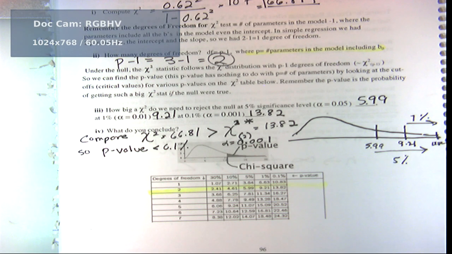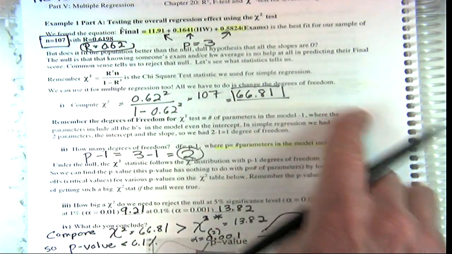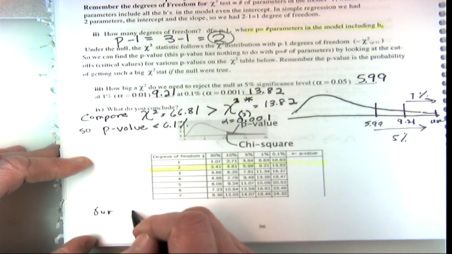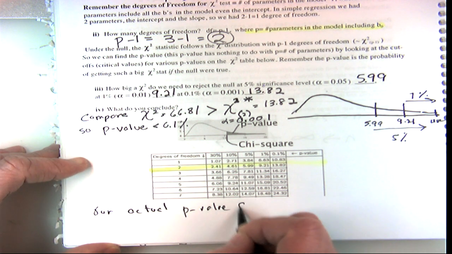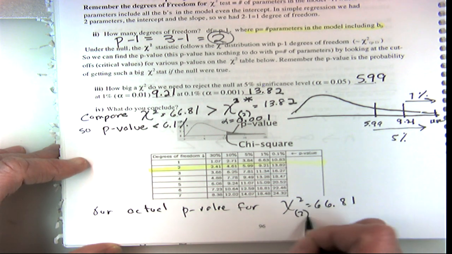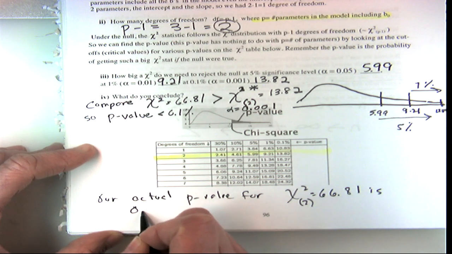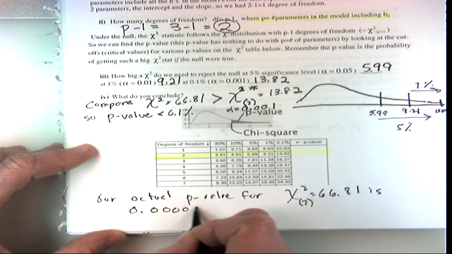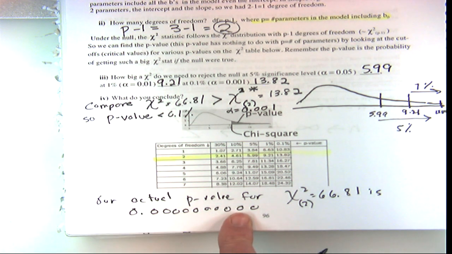So we actually can get the real p-value. This is so huge. Remember we said it was so huge, we knew it was going to be tiny. The actual p-value for chi-squared equal to 66.81 with 2 degrees of freedom is 0, and we had like 1, 2, 3, 4, 5, 6, 7, 8, 9, 10, we had 12 zeros, but I'm going to change this into a percent.